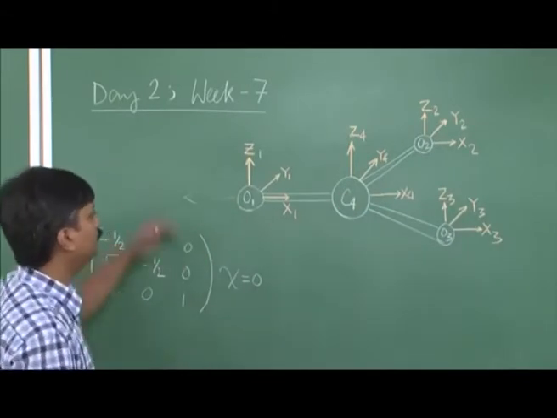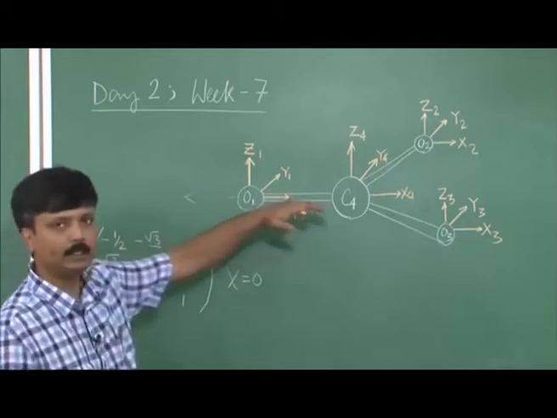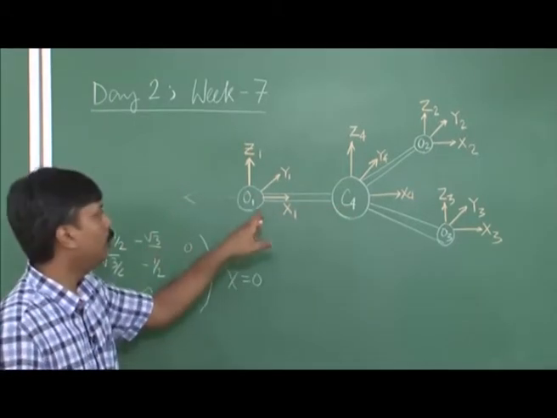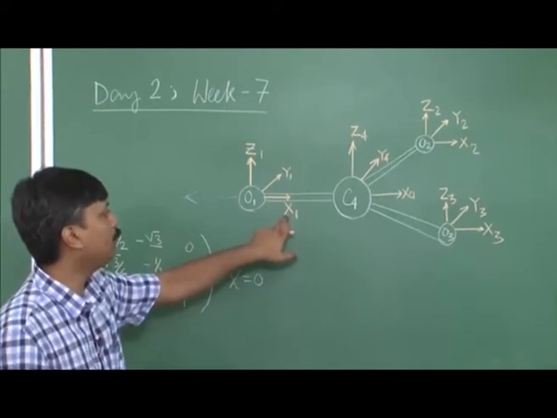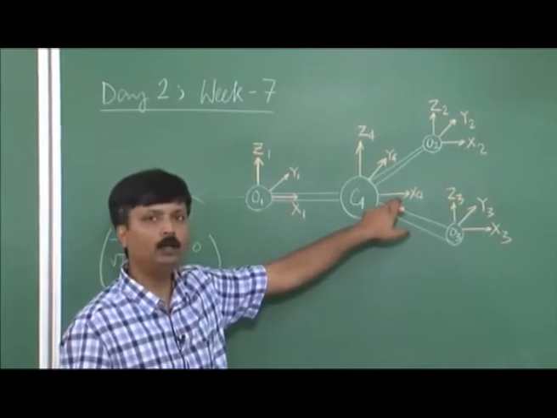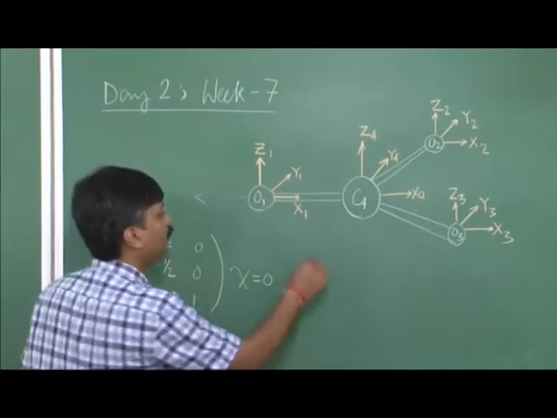To start with, this C2 is along the x axis, correct? So the x will remain unchanged. I get a contribution one from here and one from here, so I already get a contribution of plus 2.